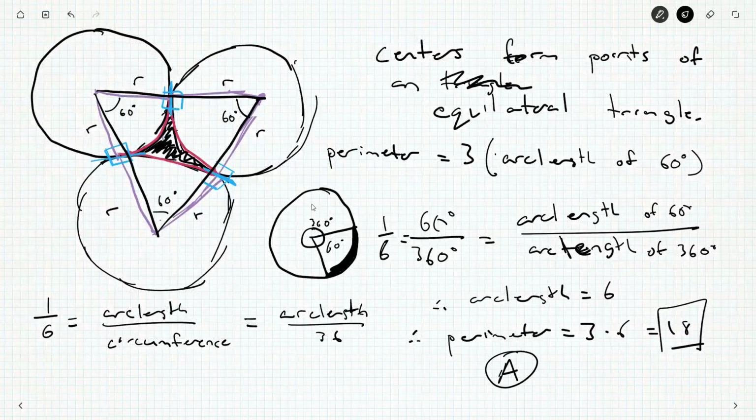Okay. So you could have done this question other ways. You could have solved for R and been a bit more exact. For example, in terms of R, we'll just write it down very quickly here. If I've got a circle of radius R and I want the arc length of theta degrees, then there's a formula for that. It's theta over 360 degrees times the circumference.